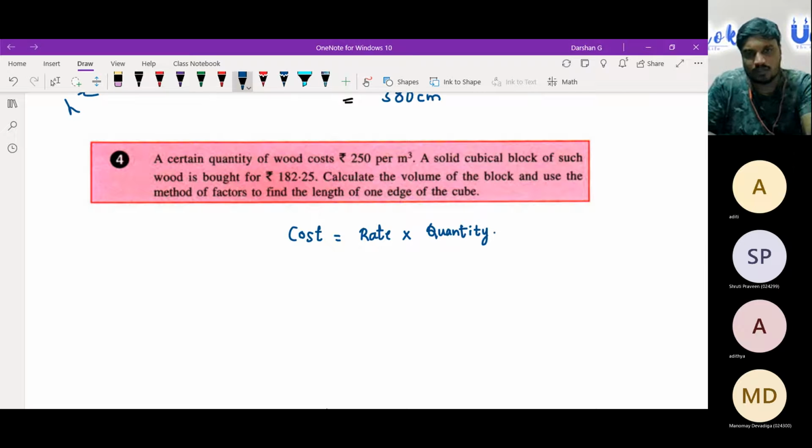The quantity is volume in this case. We know the cost, whatever we are spending, that is 182 rupees, and the rate also we know, 250. So for this question, it becomes cost equals rate times volume.